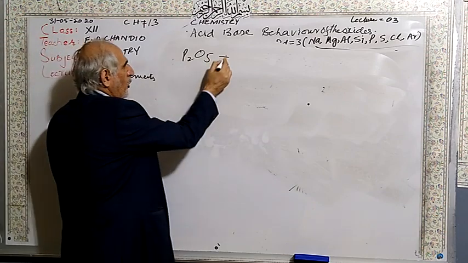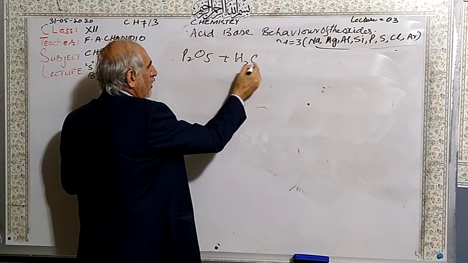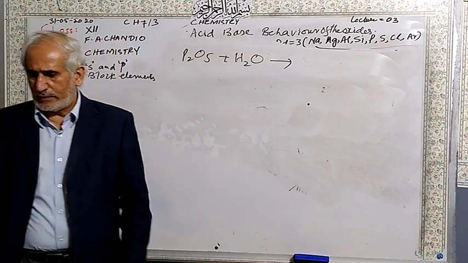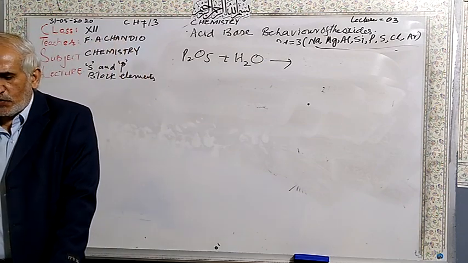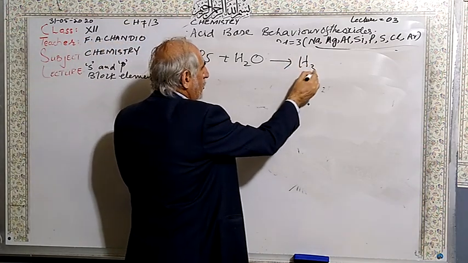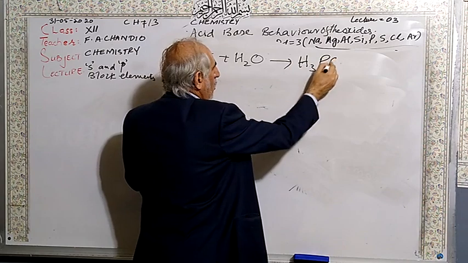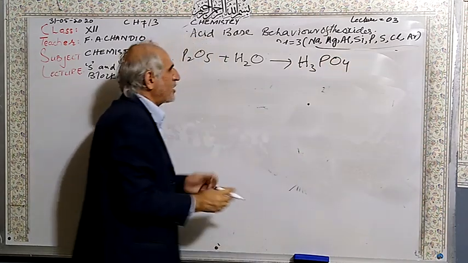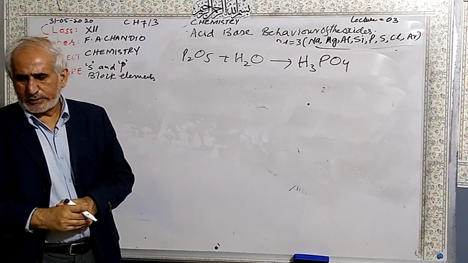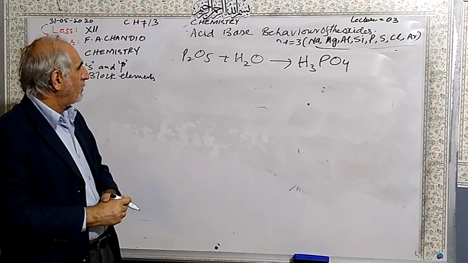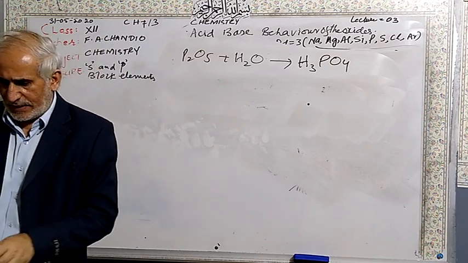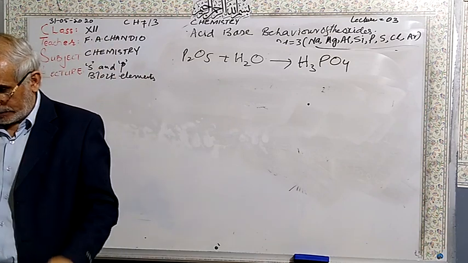When dissolved in water, they give an acid, phosphoric acid, H3PO4. Phosphoric acid is going to be formed here. Phosphoric acid is a weak acid here, so you have to calculate for this one.